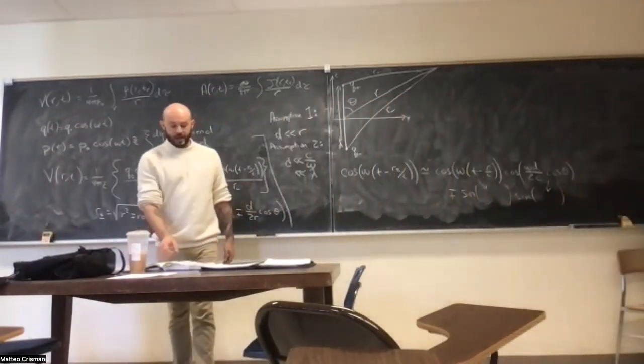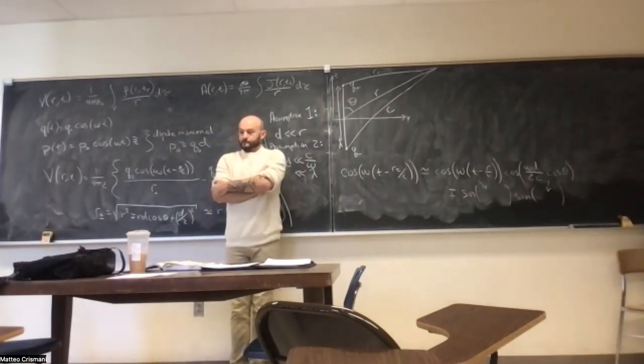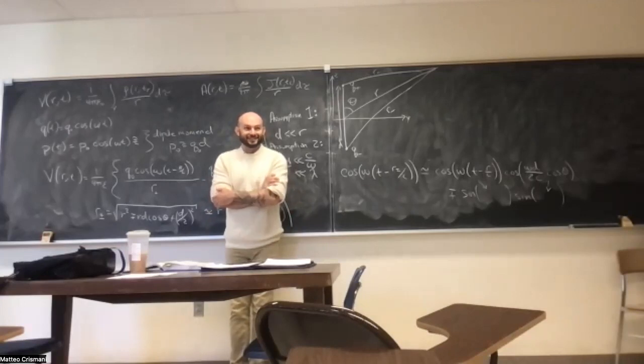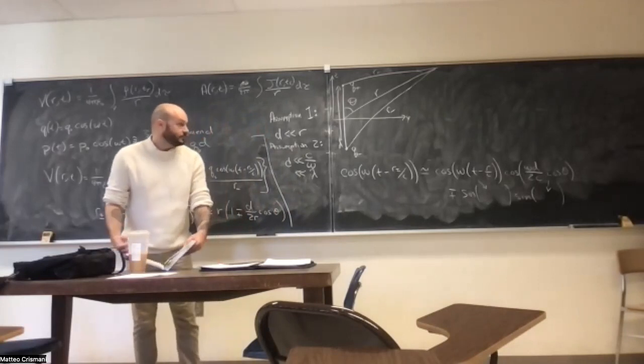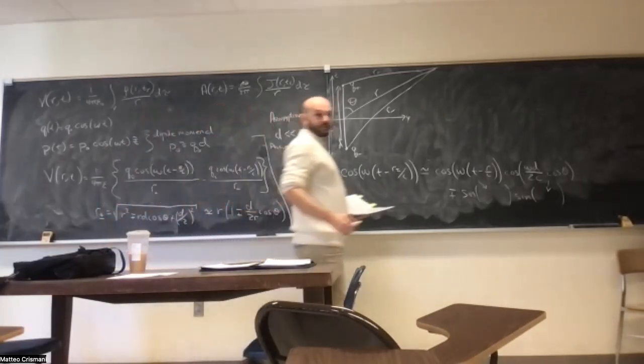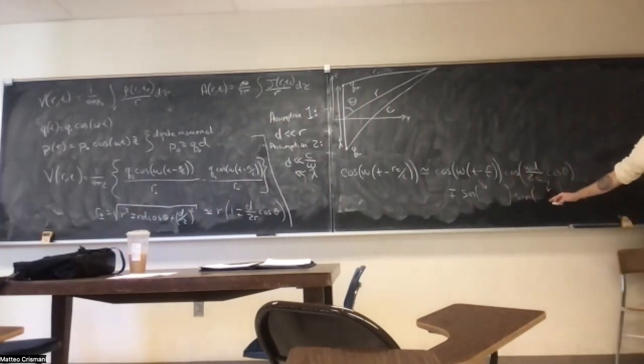Cosine of x for small x. Are you doing the small angle? It's nearly 0, it's already in there, very assumption. So we want this one to be 1, and this one to be 0.